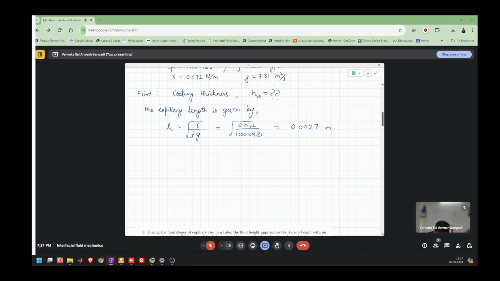Once we have the capillary length, we need to find the capillary number. The capillary number Ca is given by mu u by gamma, and here u is the plate velocity.